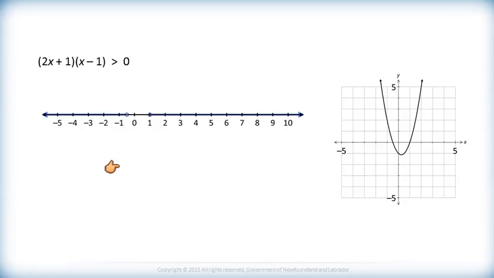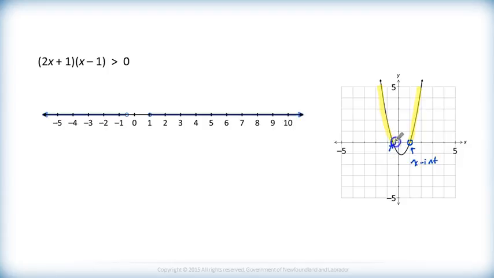Repeating the exercise for this inequality, the only difference is that there's no equal sign, but there's still a greater than 0. So I'll still highlight the same portion of the graph because I'm interested in where the y values are positive. I'll circle the x-intercept of 1 because I don't want that included.